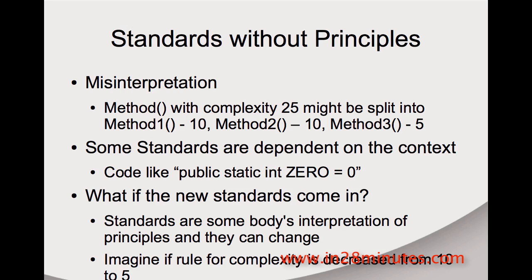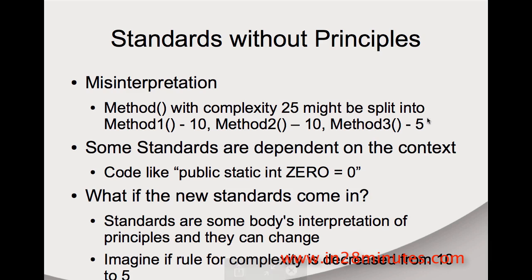I can give a few examples of using standards without principles. Let's say a method has complexity 25. You can split it into method 1, method 2, method 3 with complexities 10, 10 and 5. You are adhering to the standard, but does that make it understandable? Does splitting a method into method 1, method 2, method 3 make any sense?